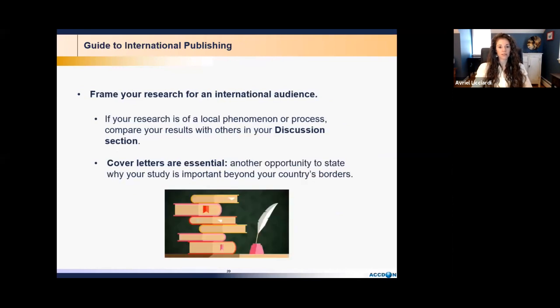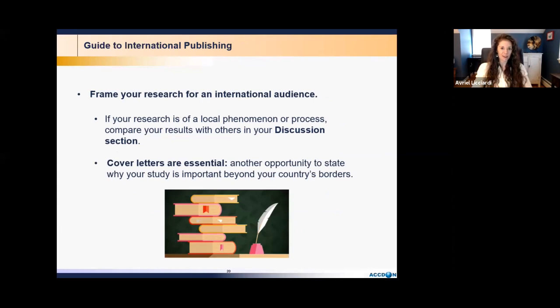It's also important to frame your research for an international audience, really to target that international community. If your research is specifically of a local phenomenon or a specific process that's really only regional, again, you can compare your results with results of other researchers in your discussion section. This is what that discussion section is for.